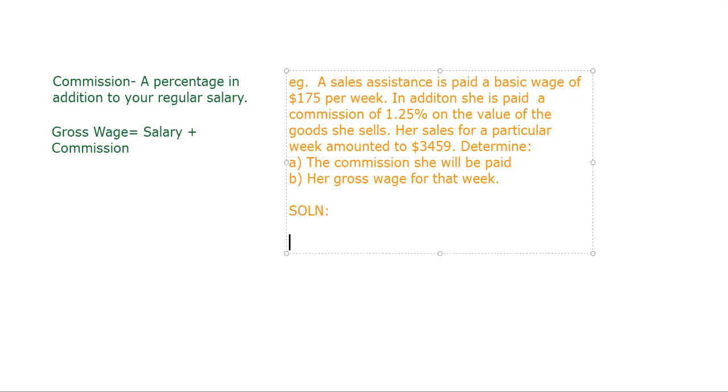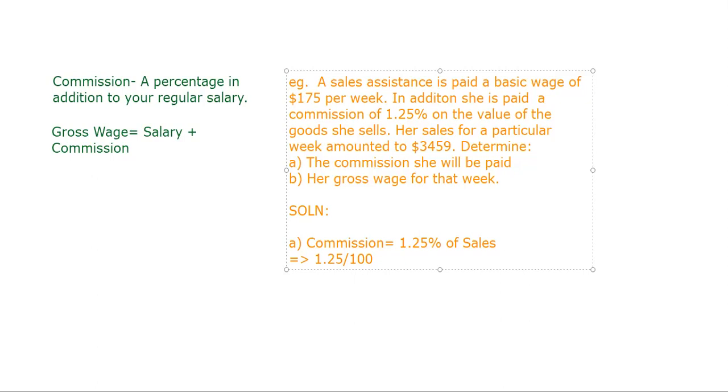So A, how much is her commission? How do we work out her commission? That would be 1.25% of her sales. 1.25% is just 1.25 over 100, because if it was 12%, it would have been 12 over 100.